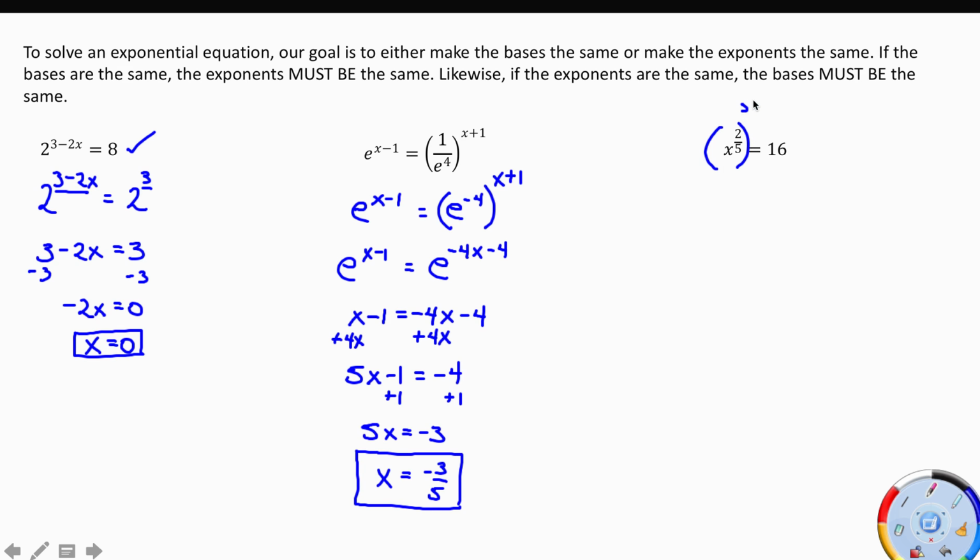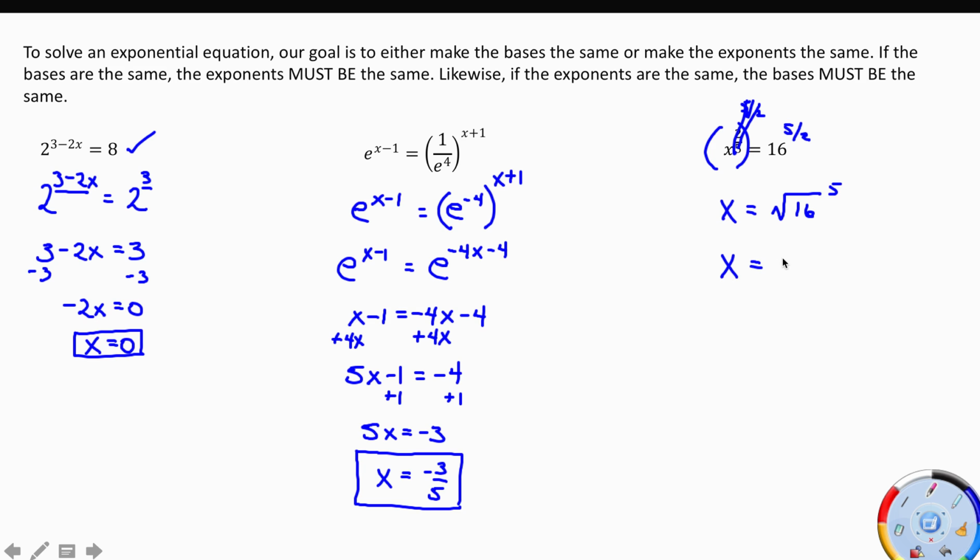I'm going to raise this to the 5/2, right? We've already done this in the radical section. 2/5 times 5/2 is x to the 1. And so now I know that this notation means the square root of 16 to the 5th, right? The denominator is your index, numerator is your exponent.